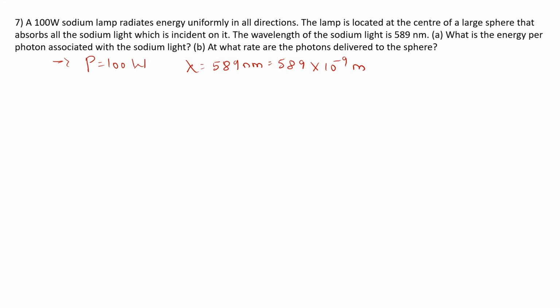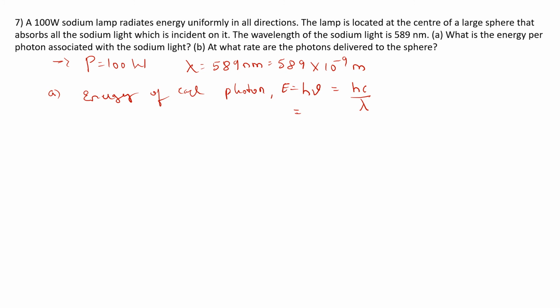So the energy of each photon, that is E is equal to h nu. We don't know the nu here. They have given lambda, so let us change the formula to hc by lambda.